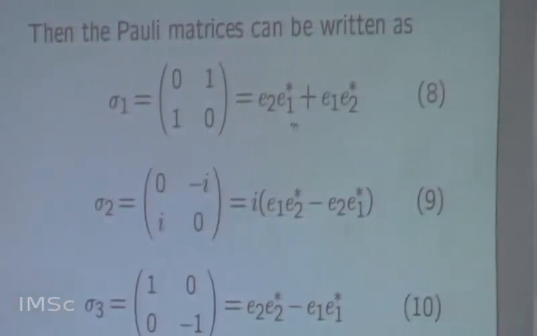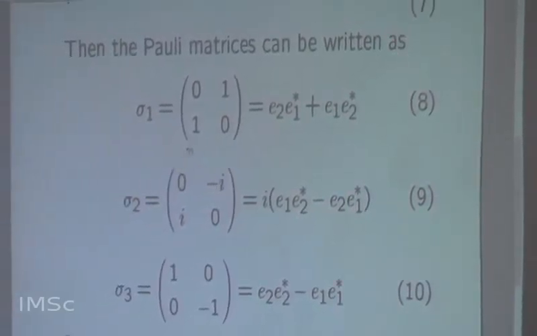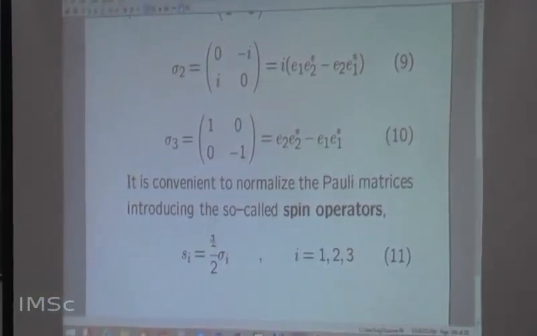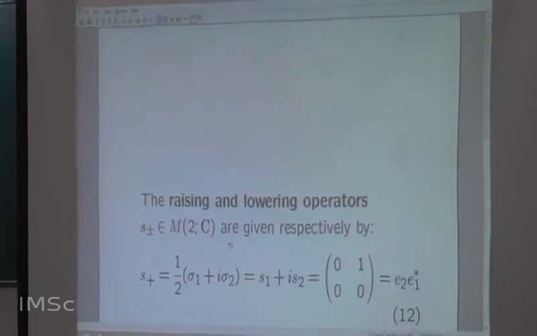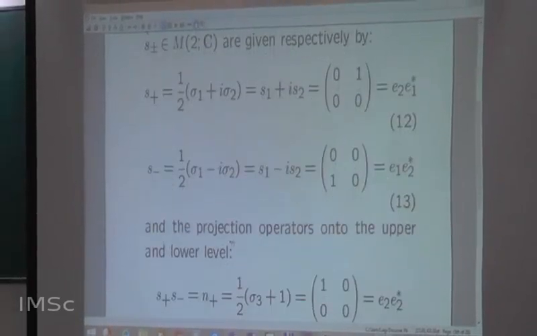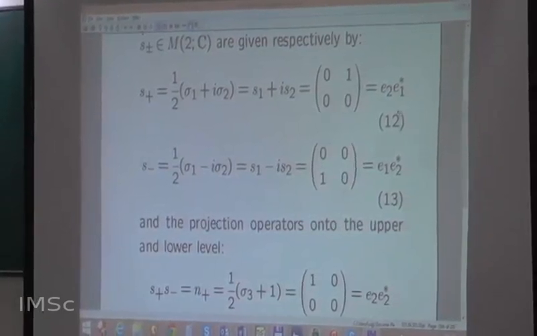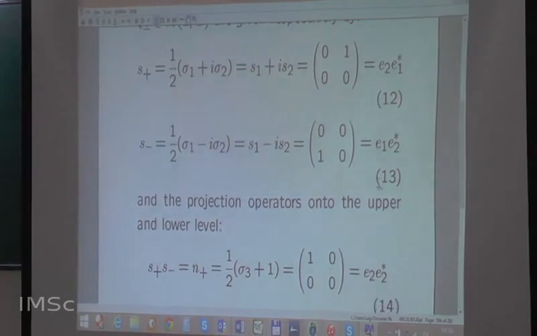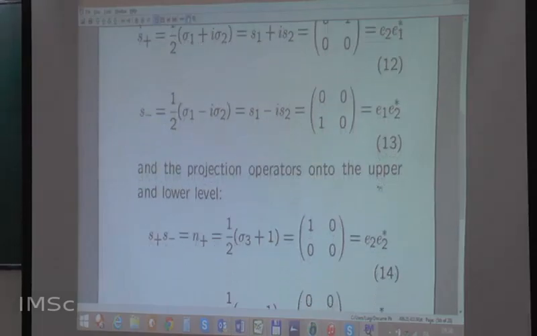In these notations, the Pauli matrices can be written. These are the standard form of the Pauli matrices, and it is convenient to normalize them by taking 1/2 for a commutation relation reason. And our operators sigma plus and sigma minus are expressed in terms of vectors as rank 1 operators, which essentially flip the orthogonal basis vectors.